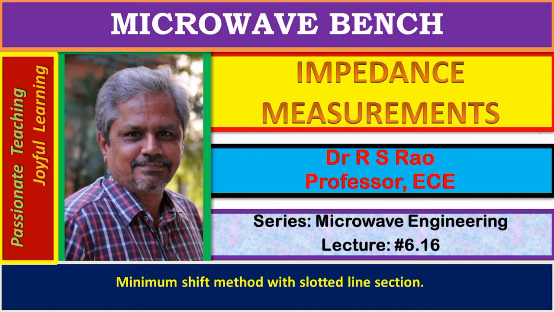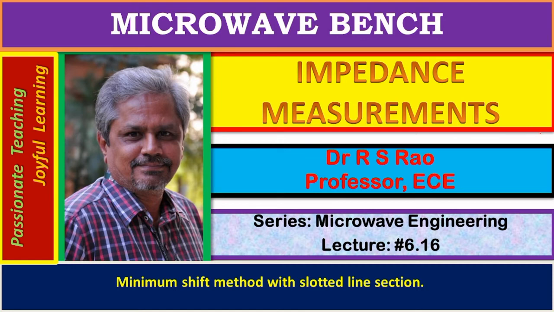At low frequencies, several methods and instruments got developed to measure impedance. But the underlying principle of measurement at low frequencies is based on the concepts of voltage and current. At high frequencies like microwave frequencies, voltages and currents are replaced by fields, electric field and magnetic field.